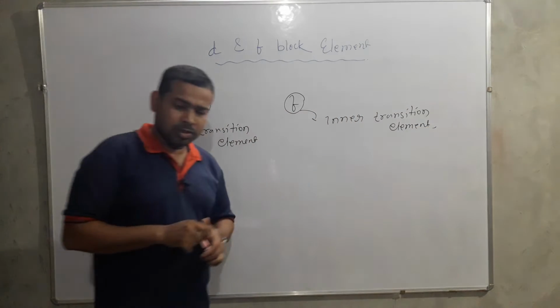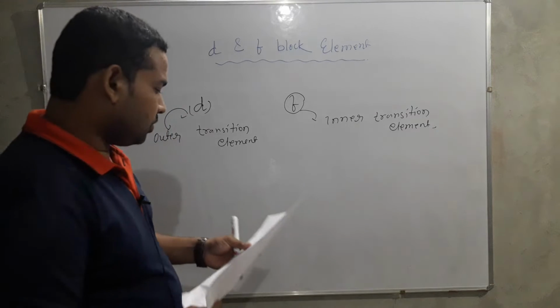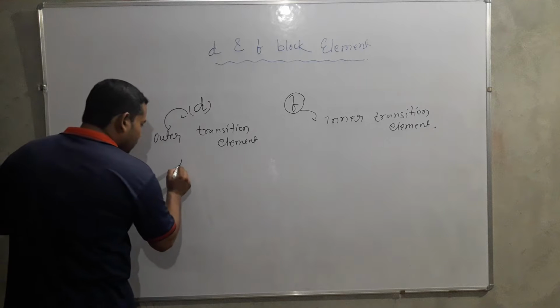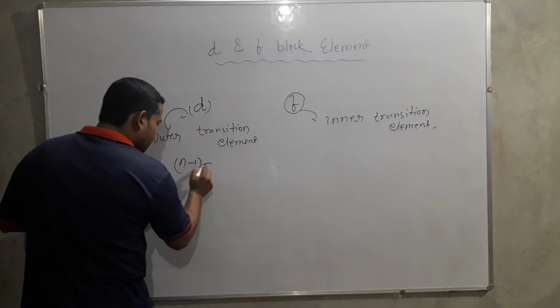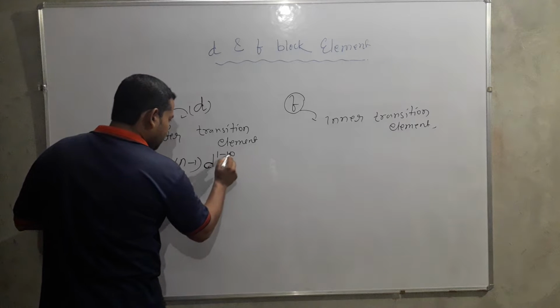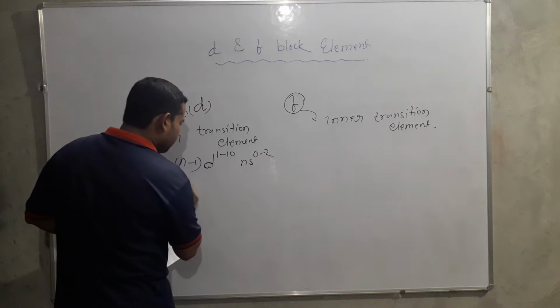Clear, people? D block elements have a general configuration: (n-1)d 1 to 10, ns 0 to 2. This is the general configuration of d block elements.